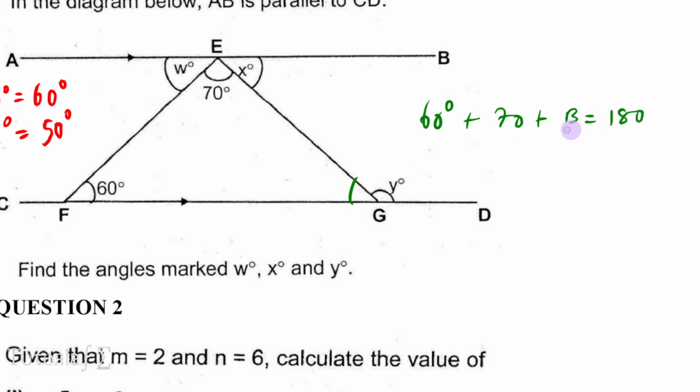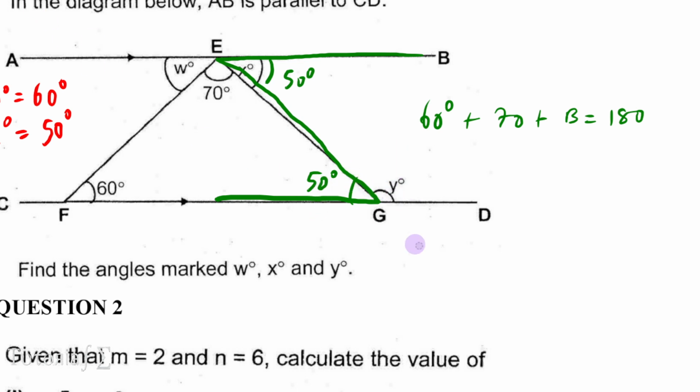But what we could have also done to find B is just note that this here is a Z, and since you've already found your X, which is 50 degrees, this angle is also 50 degrees. You could have also used that. So if this angle is 50 degrees, then this angle is also 50 degrees, and it will help you find this.